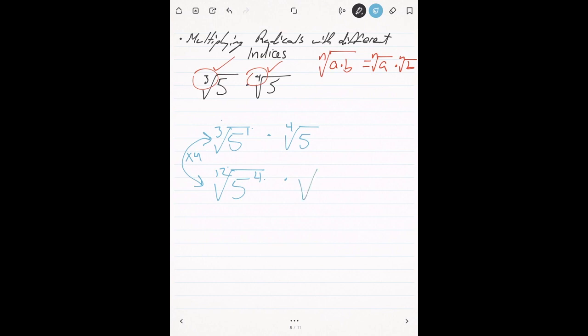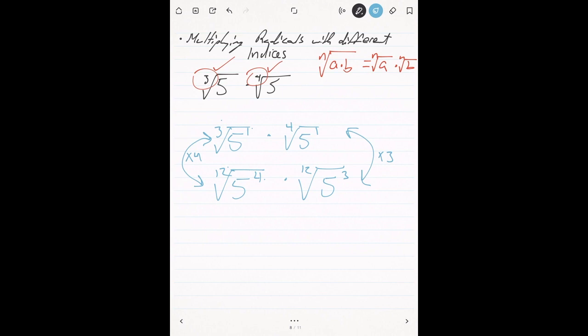Now let's take a look at the 4th root of 5. I want this 4 to turn into a 12. I want this to be the same index as this. To get that, I would have to multiply the index by 3. So that means I better raise 5 to the 3rd power.